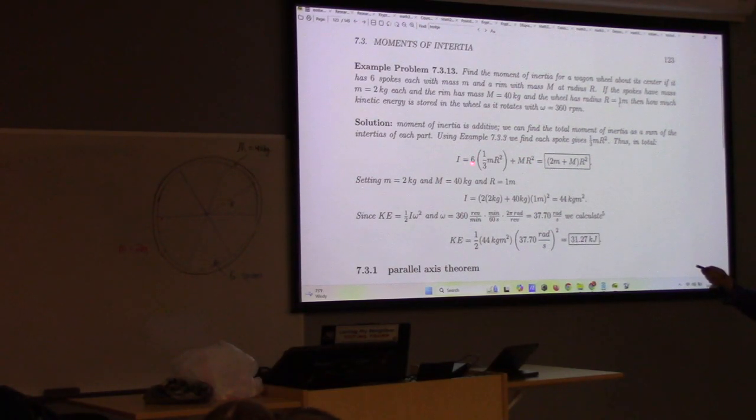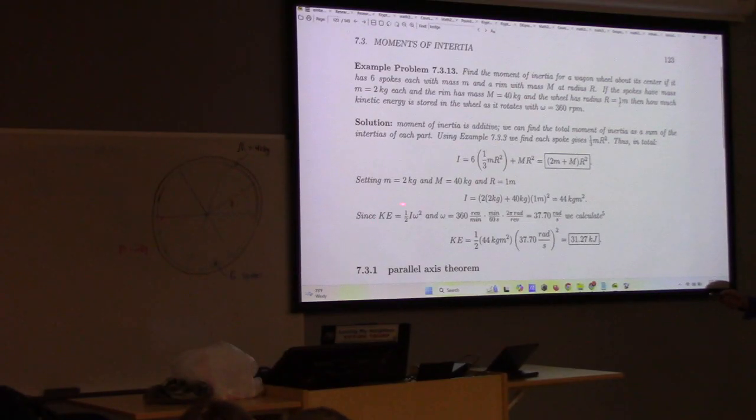And then over here I've got 6. And why do I have a 1/3 mr squared? Little m. Because they're rotating around their endpoint, right? So we're back to the 1/3 ml squared we derived the other class. So that would be the total moment of inertia for this wagon wheel. And so I plug in the numbers, I get 44 kilogram meters squared.